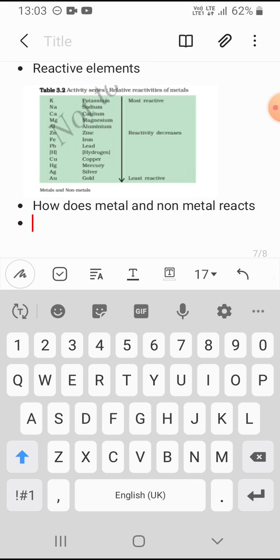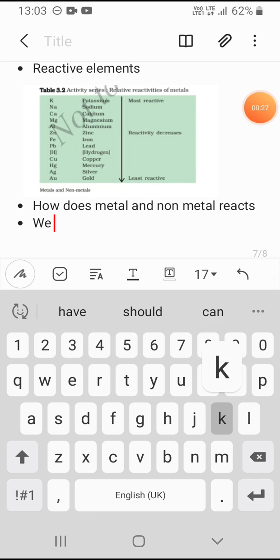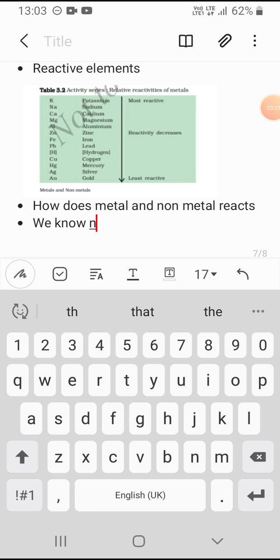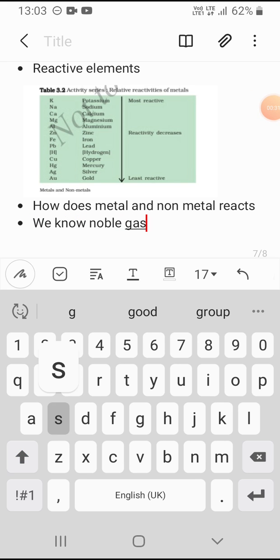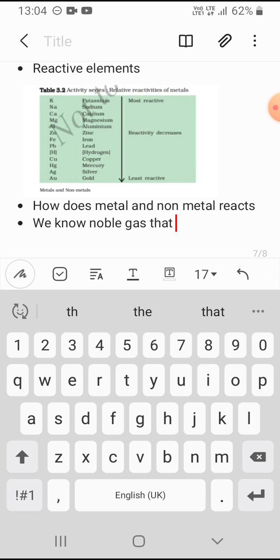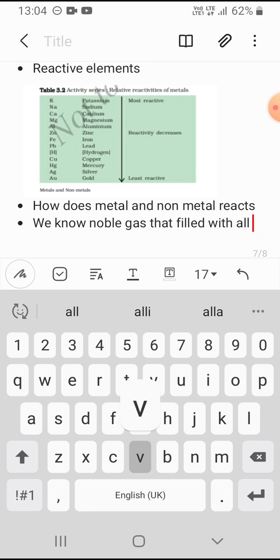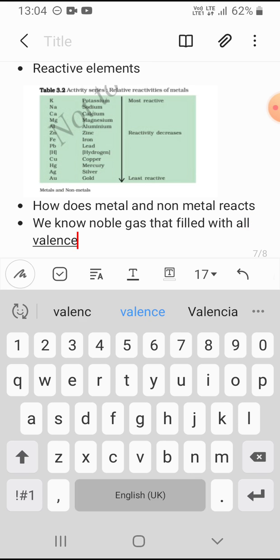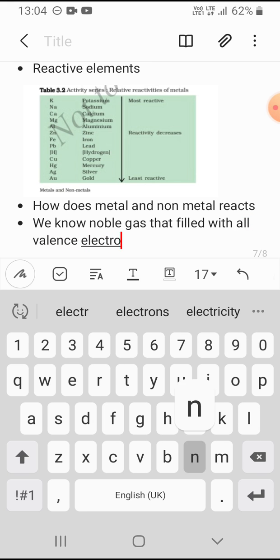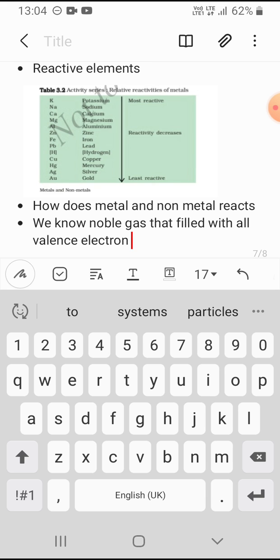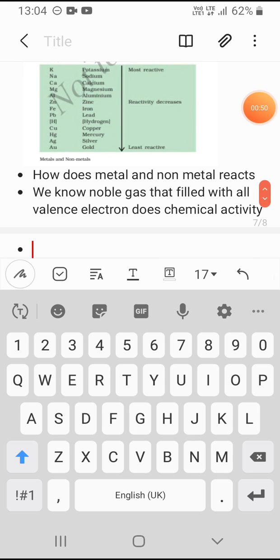Let's know about that. So we know a noble gas is filled with all valence electrons, so it does not show chemical activity.